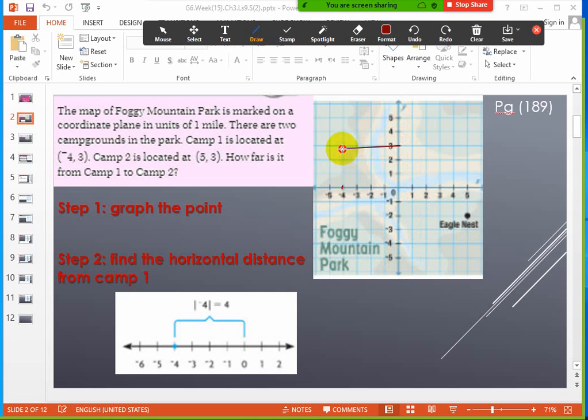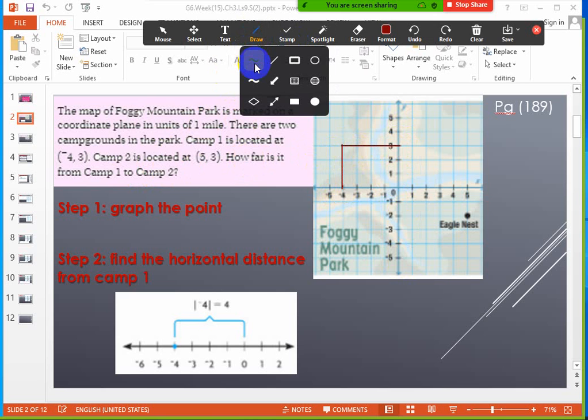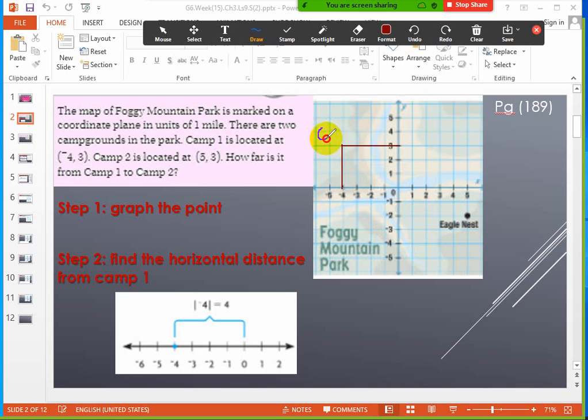This is 3. So this is the first point. They name the point Camp 1, on this point.